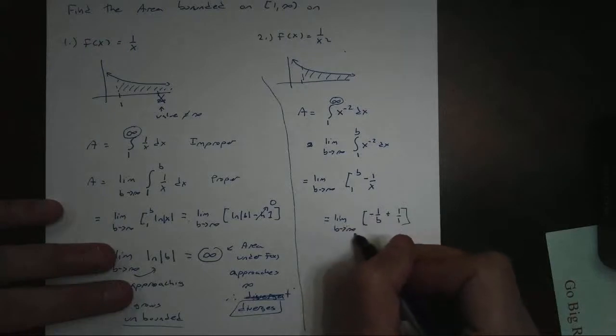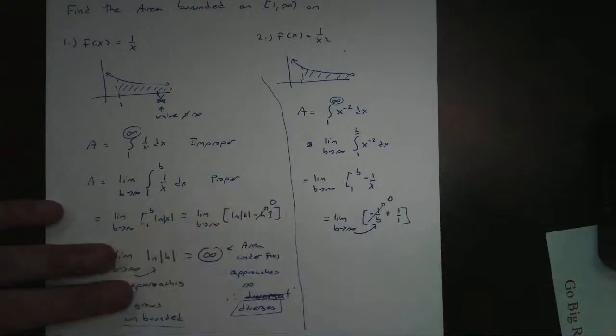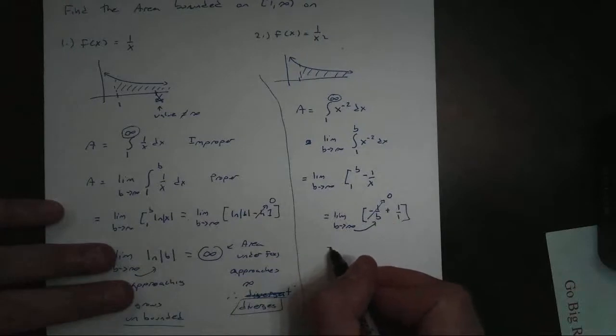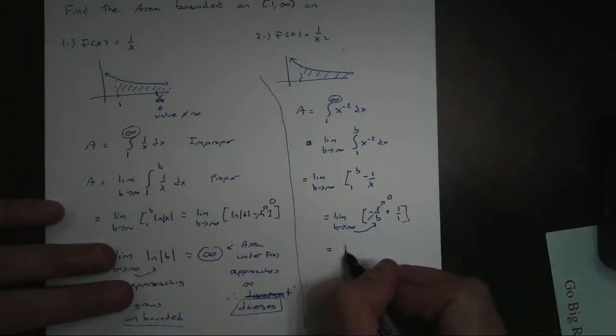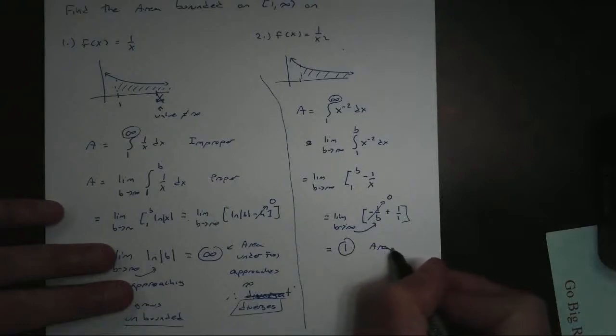I have my limit out here. If I let b go to infinity, here we now get 0. That's interesting, isn't it? So I actually get an answer here. What am I left with? Just 1. So the area under the curve converges to 1.